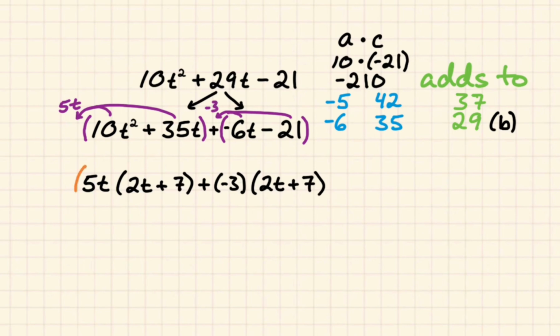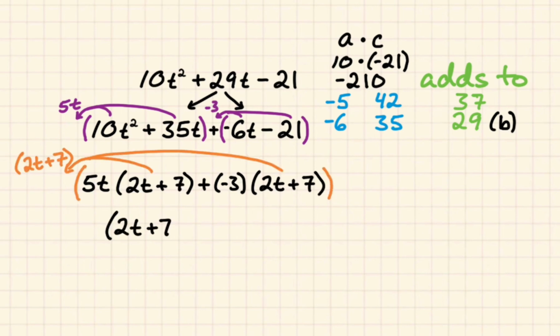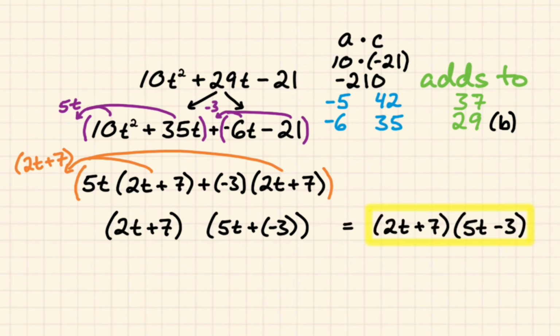I can factor out a 2t plus 7. I'm left with 2t plus 7 times 5t plus negative 3. And you can rewrite the plus negative 3 as subtracting 3. I get 2t plus 7 times 5t minus 3.